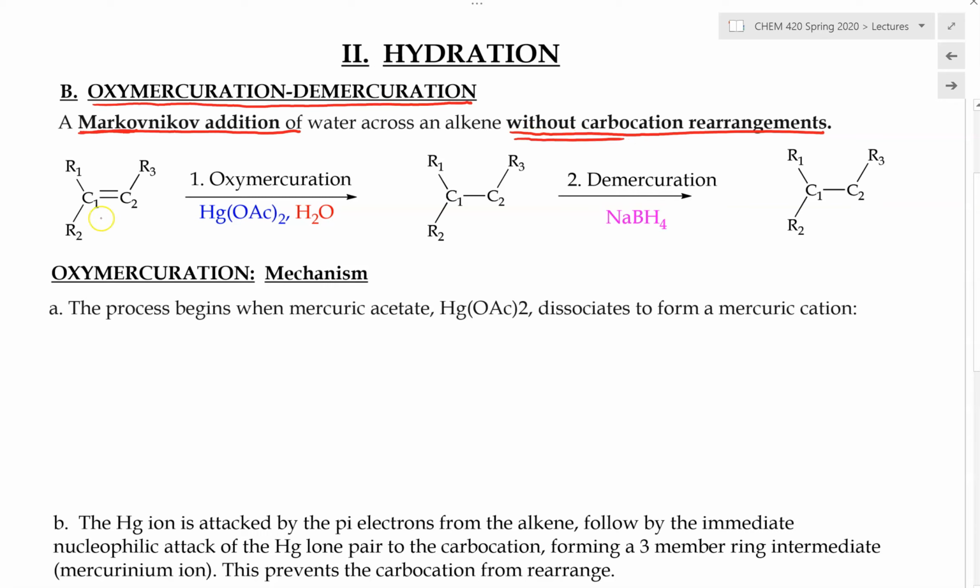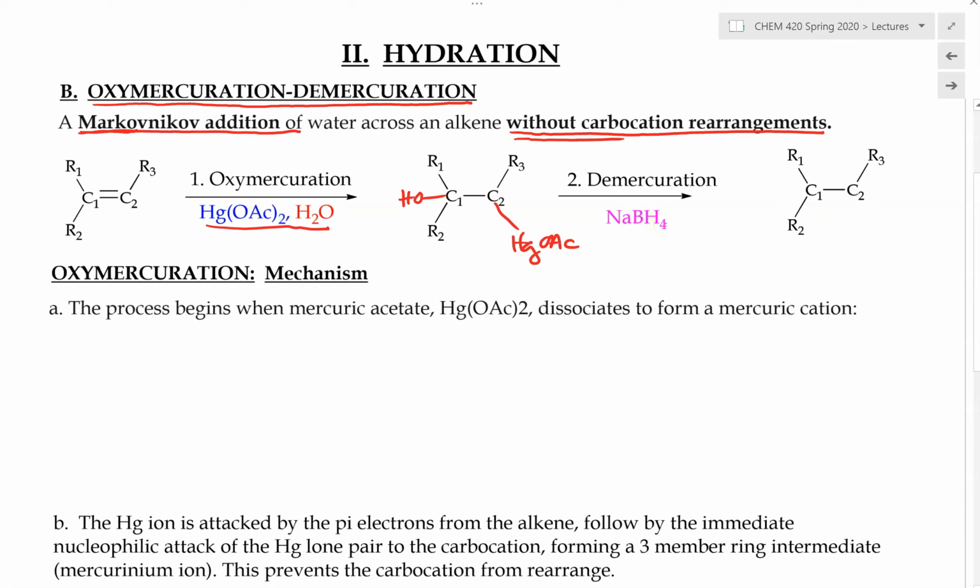So initially, we would take our alkene and react it with a reagent as follows. And once we have done this, the hydroxy group will be added to the more substituted carbon, and there will be another group, the mercury group, added to the other carbon. So that's what happens in the oxymercuration step, followed by the demercuration. In this step, we will be using sodium borohydride as the reagent.